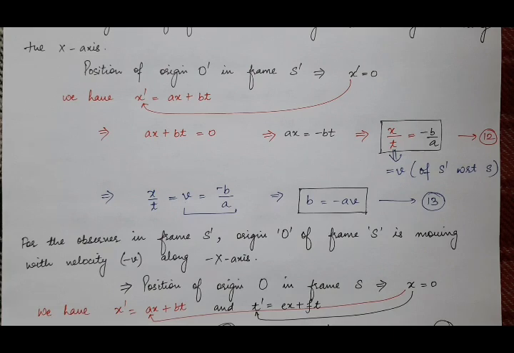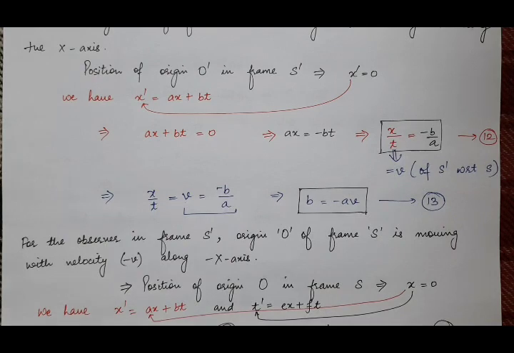So along with frame S, origin O of frame S will also be moving with velocity minus v along negative x-axis for any observer in frame S dash. So now as the frame S is moving along negative x-axis, its origin will also move with the same velocity along negative x-axis.